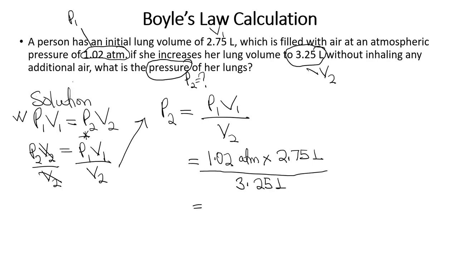So when you divide that, you get your answer to three significant figures, 0.863 atmospheres. Here it makes sense because we are calculating the final pressure, or P2, which should be given in the units of atmospheres. So that's the Boyle's law calculation.